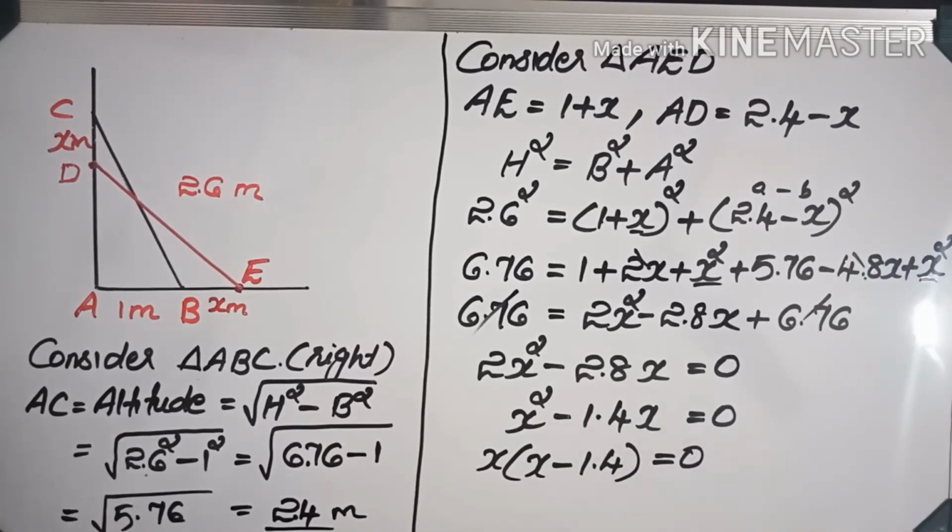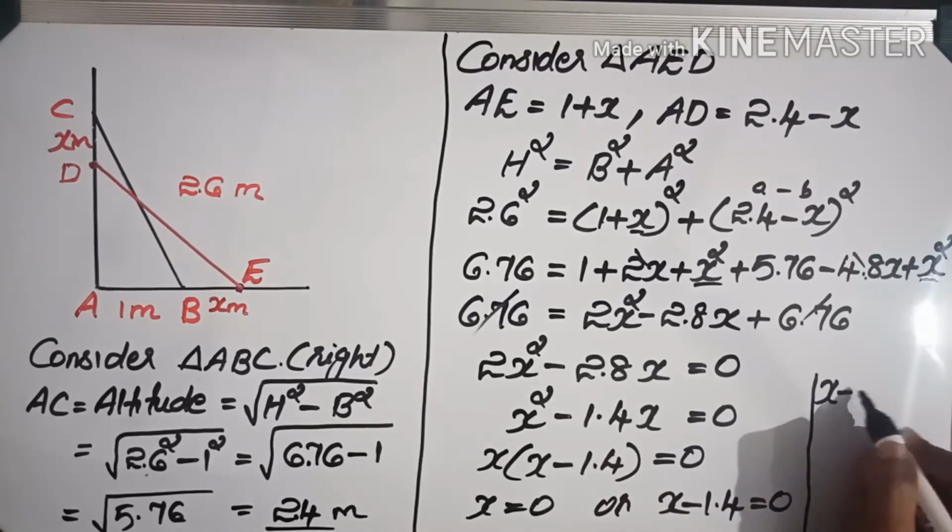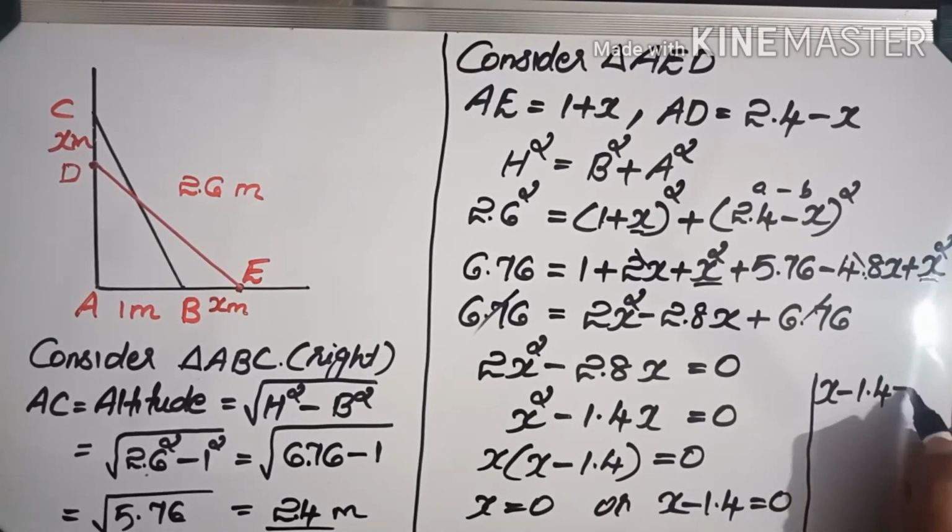So x into (x minus 1.4) equal to 0. As it is 0, we can write either x equal to 0 or x minus 1.4 equal to 0. x equal to 0 is anyway not possible, so let's consider x minus 1.4 equal to 0.